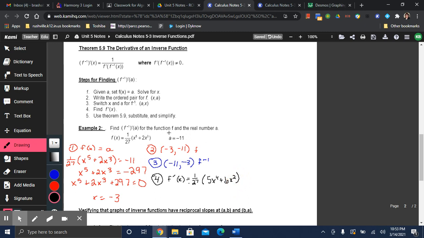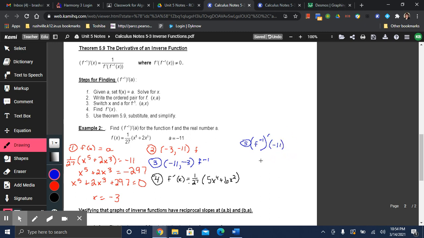And then step 5 is actually where we use the theorem. So for step number 5, it says that f inverse, so I'm going to write what we're finding, f inverse prime of x. Now, the x that we're using is this -11.